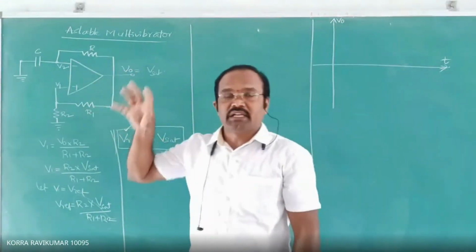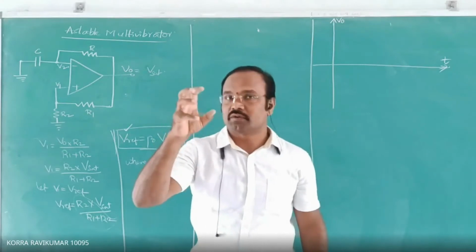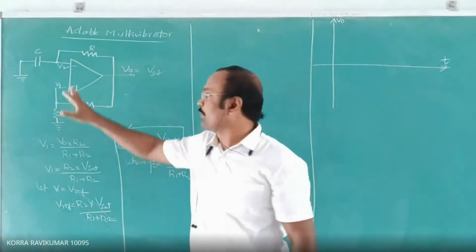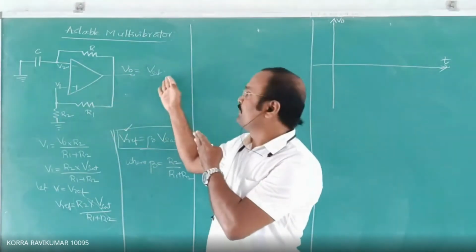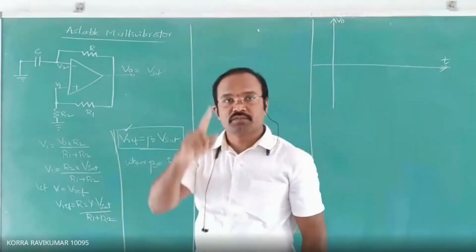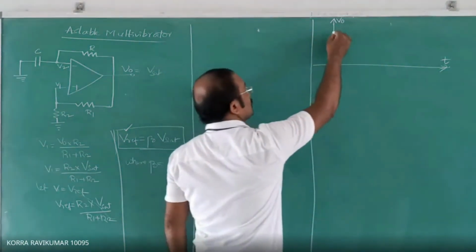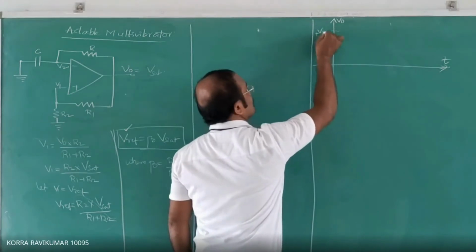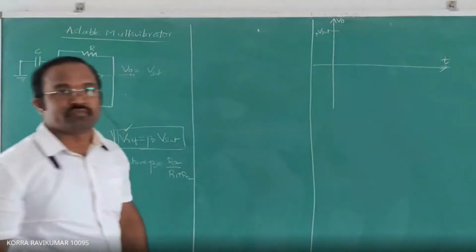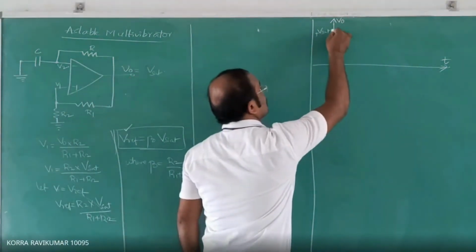This op-amp internally has an offset voltage, a very minute voltage. That offset voltage gets amplified by this operational amplifier, and that amplified signal appears as the output Vsat. Right? So output is equal to plus V saturation initially.